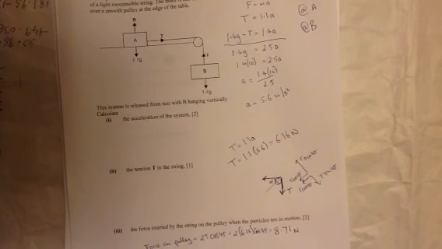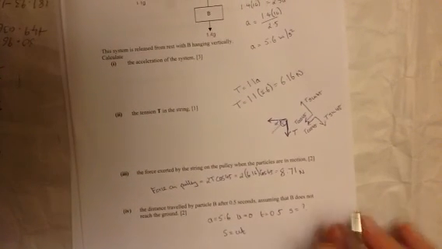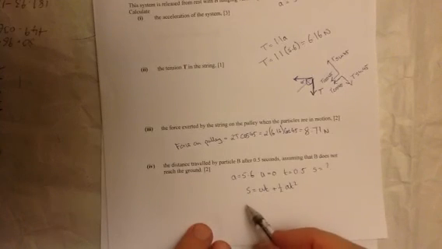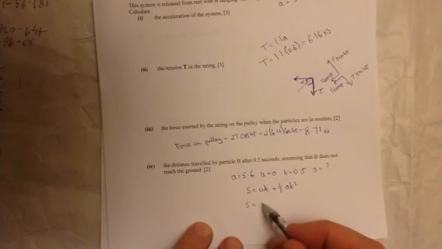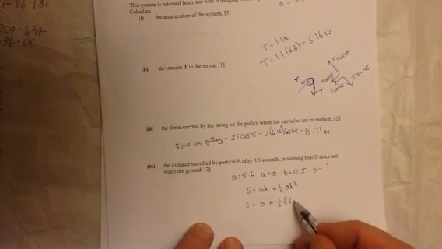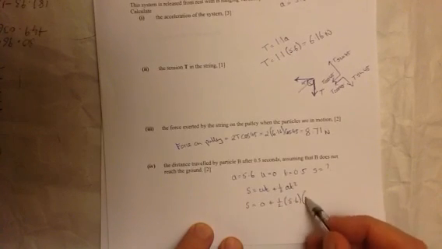So we're going to use s equals ut plus a half at squared. So s is equal to nothing plus a half times 5.6 times a half squared.